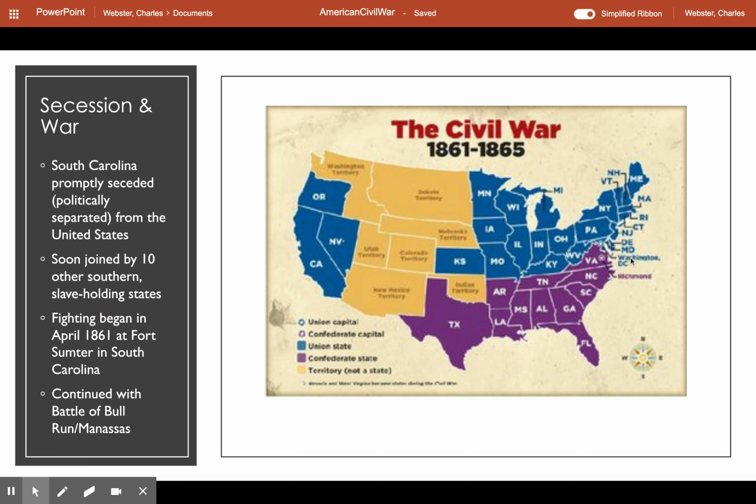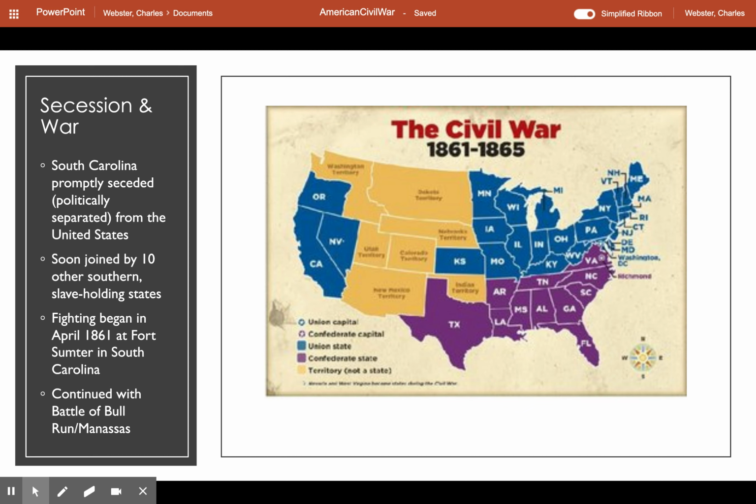D.C. is right smack dab between Maryland, which was a border state and remained part of the Union, and Virginia. It was right in between North and South.